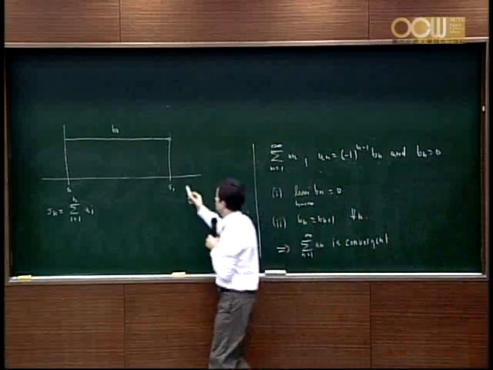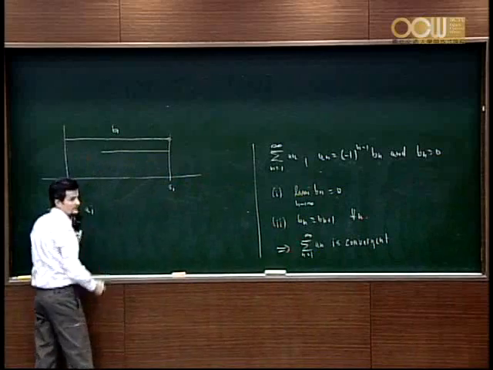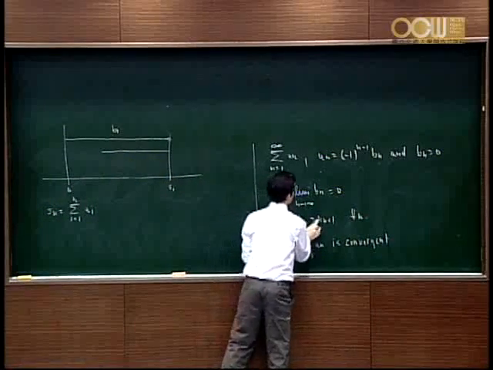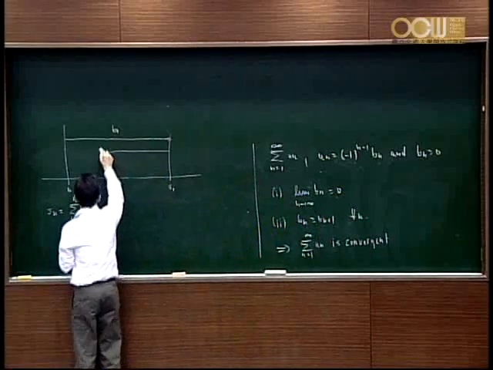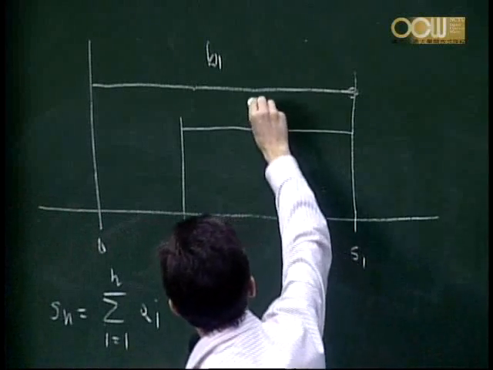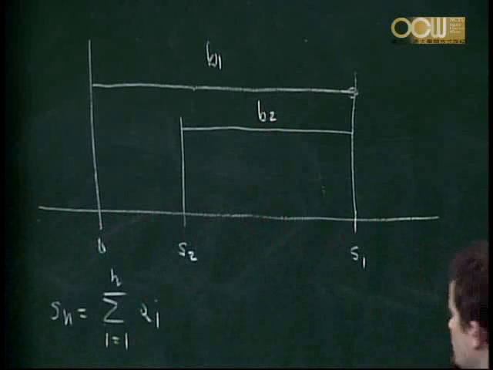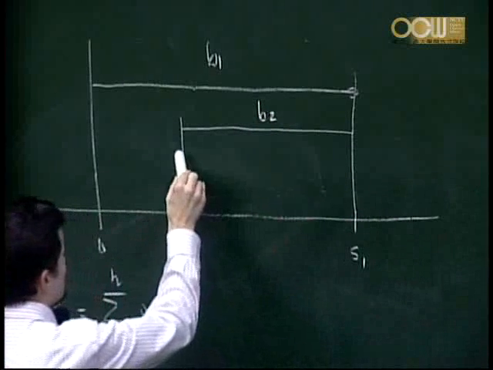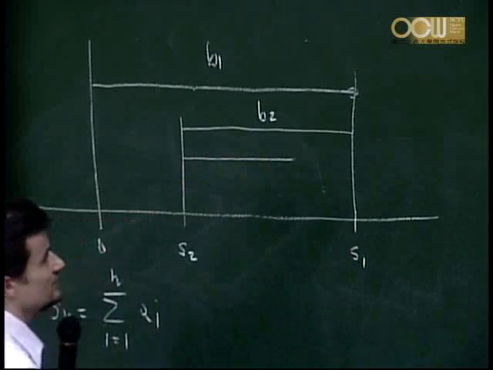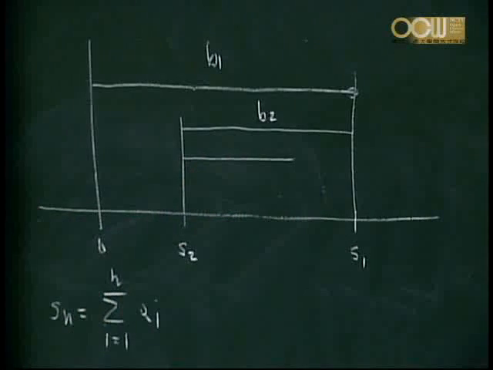So if you draw the B2 here, the B2 will not be longer than the B1 because of this condition here. So maybe you end up here. So this is S2. Now for the next one, for S3, you add again, and this length will not be longer than the length of B2 because of this condition here.